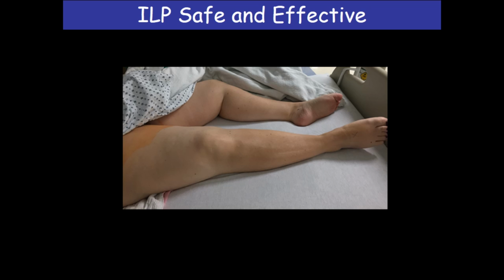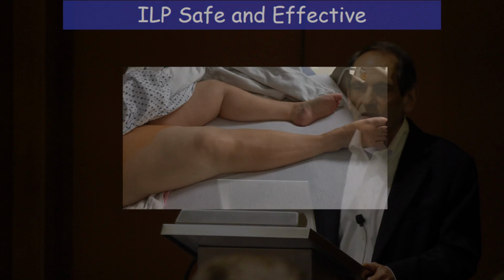There's absolutely no indication, no swelling, no discoloration of the limb, and most remarkably, when the patient woke up, they didn't have a stitch of pain. There wasn't any discomfort in the limb. So we were very gratified to do this, and this is really, again, like I said, the first time this has ever been done. This is ILP. It's safe and effective. Isolated limb perfusion is what we call it.